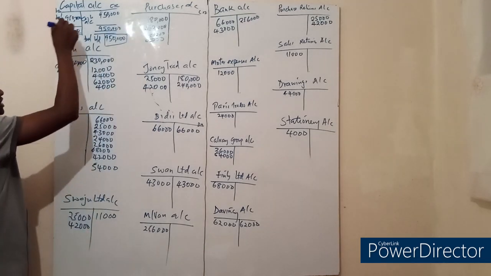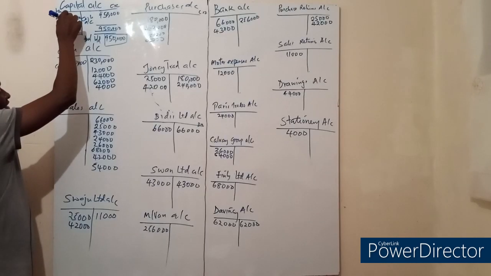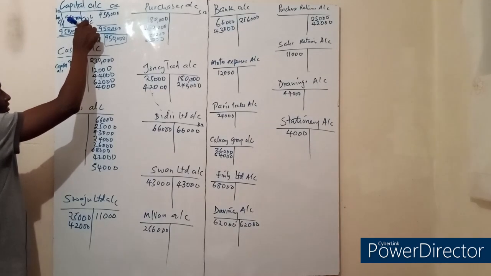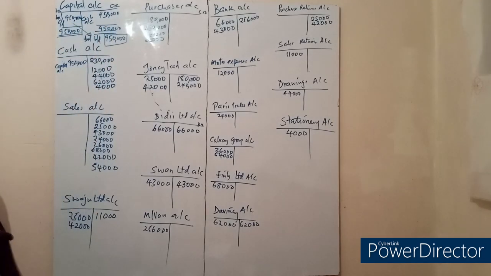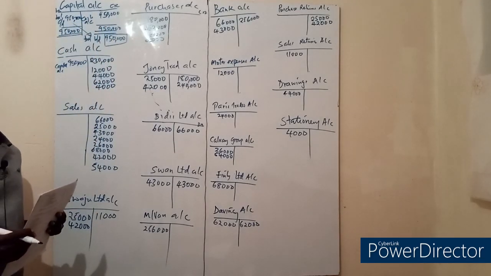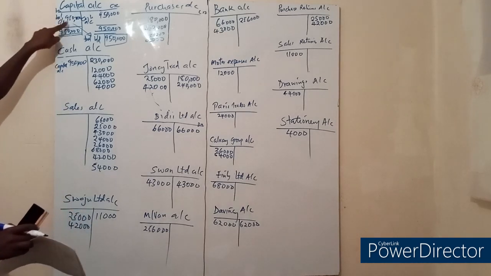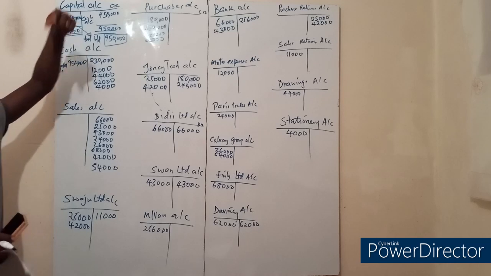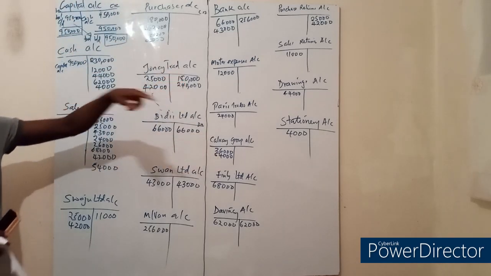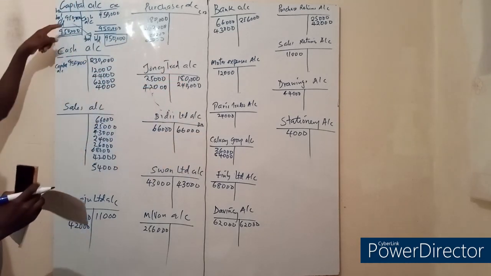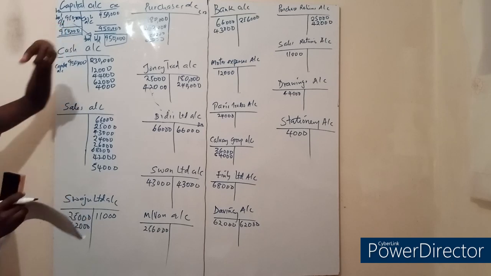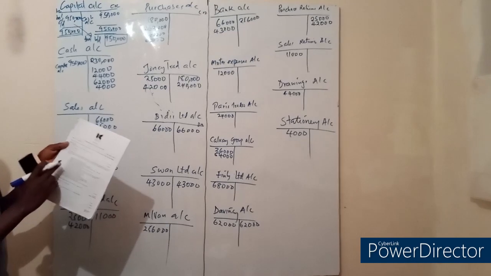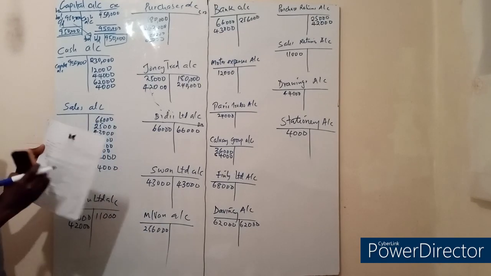Or in short, if balance carried down is on this side, directly opposite you write the balance brought down. But for this case of Celia Tieno, this is the balance that is going to be carried forward to the next month of February, because you are dealing with January here.